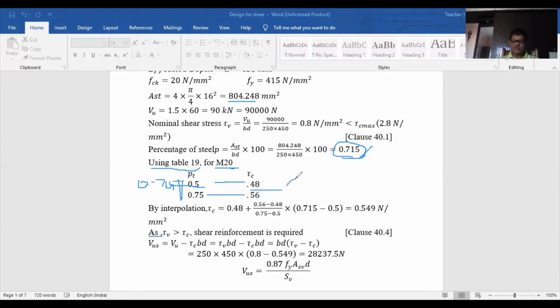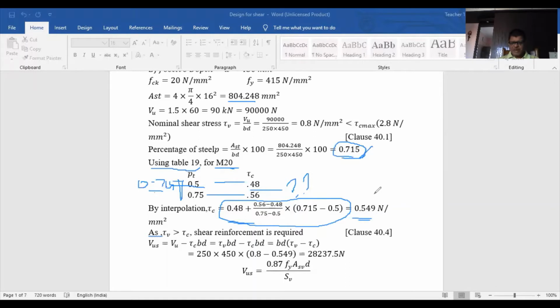As we have discussed earlier, it should be linear interpolation, already explained earlier. The linear interpolation is done, and for this value 0.715, the value obtained is 0.549 Newton per millimeter square.